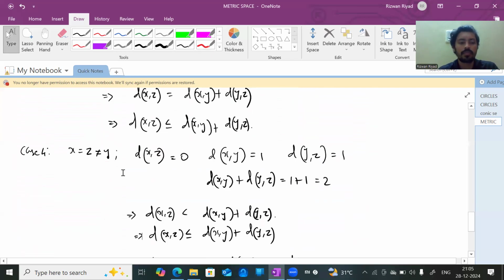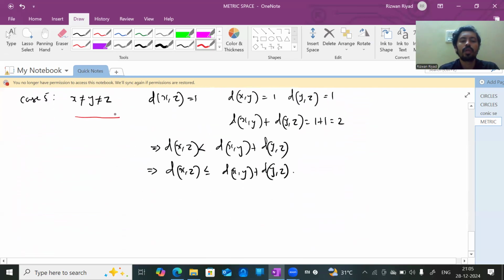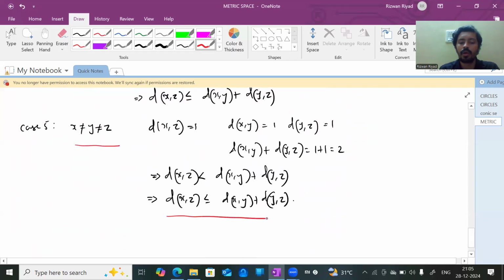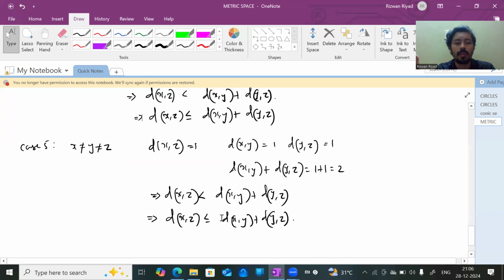And the last, fifth case, x not equal to y not equal to z. In all these cases, we proved this triangle inequality: d of xz is always less than or equal to d of xy plus d of yz. Here x, y, z are arbitrary elements, so this is true for all x, y, and z from capital X.